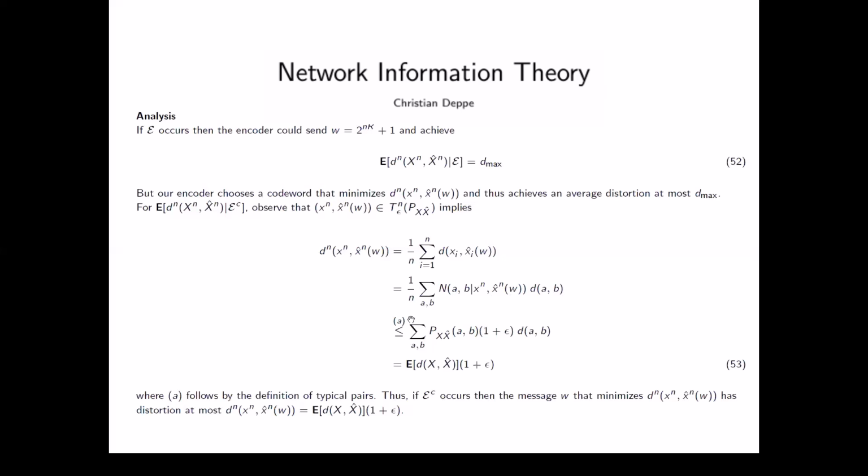Now we apply the letter typicality, that the sequences are jointly letter typical. We just insert the definition here, then we get this. But this is nothing more than the expectation of d(x, x hat) times 1 plus epsilon. We just put this factor in front, and then we get exactly the expectation. And so we have what we want.